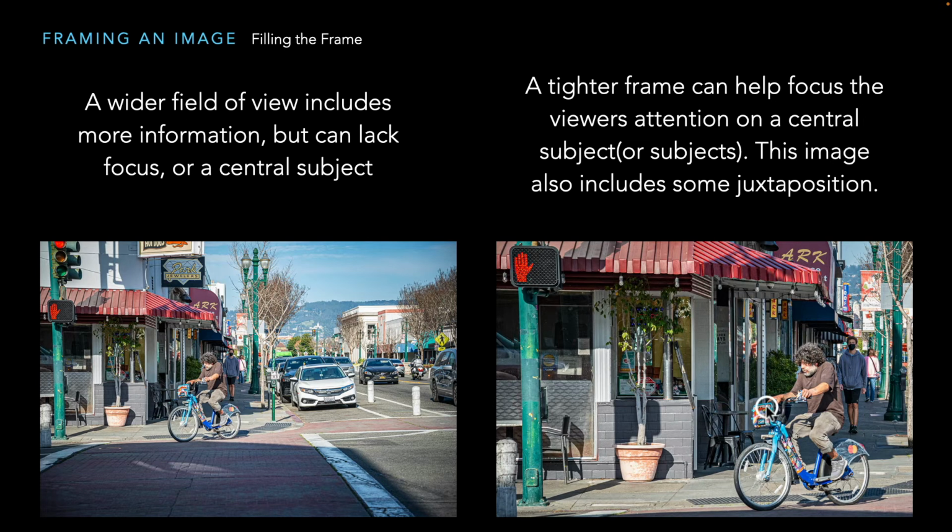This image also includes a little bit of juxtaposition. That's another term that I'll use, and you should think about. It's basically putting two things, or two or more, together in a composition, and getting a third sort of meaning out of it that changes because of the inclusion of something else. So if I were to crop just around this person, it would be one image, right? But here I've included the red hand on the walk signal and this pole here.